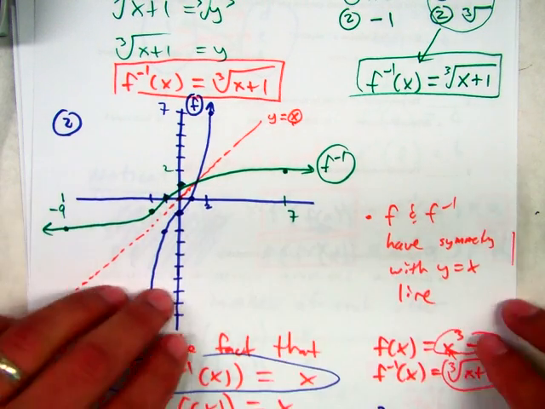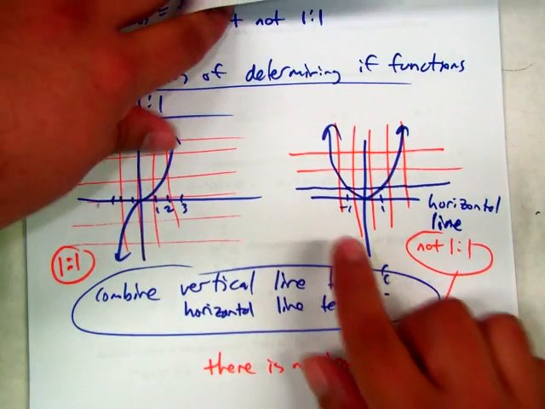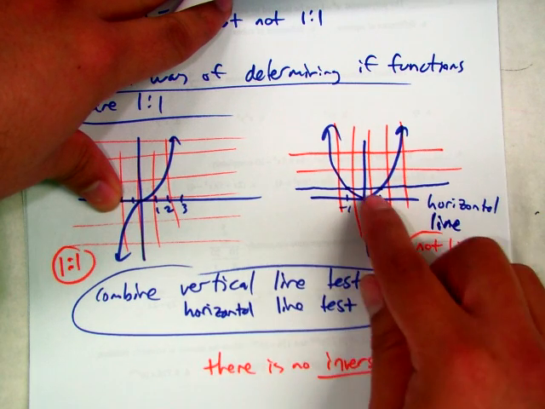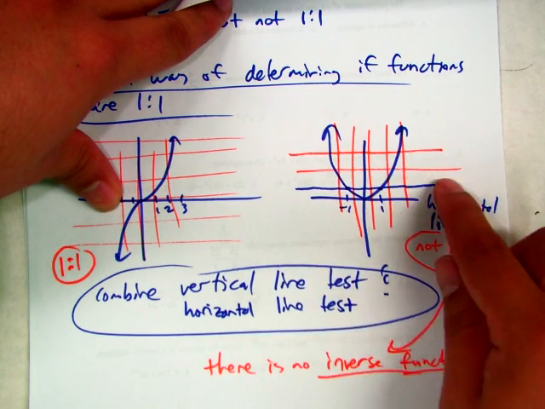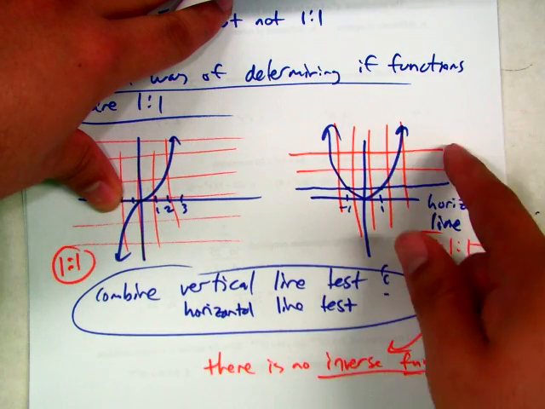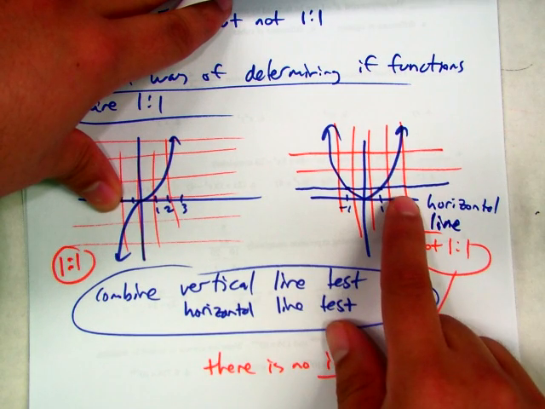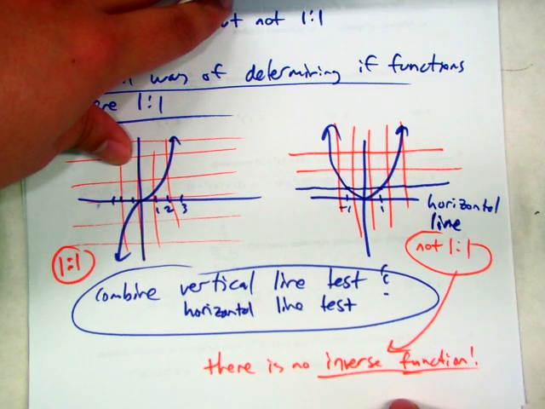If you imagine doing that same thing with the parabola, now it's going to be what? Kind of sideways like that. You see how it won't pass the vertical line test if you flipped it on its side? Okay? That's what the horizontal line test is telling you. Okay? Does that kind of make sense? Okay. That's it.